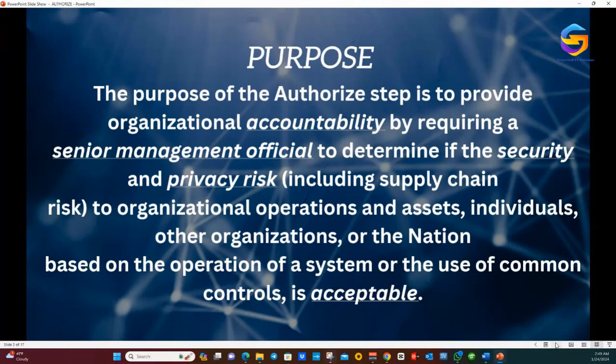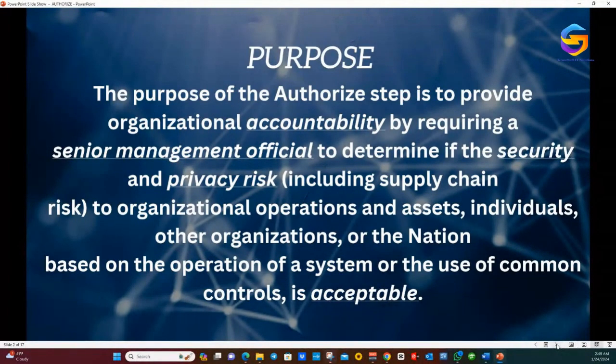So in the absence of the AO, nobody is able to accept risks. We have to wait till the AO comes in. It tells you how important the AO is as far as developing the system is concerned.